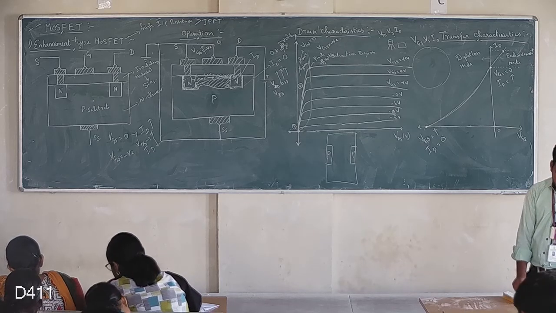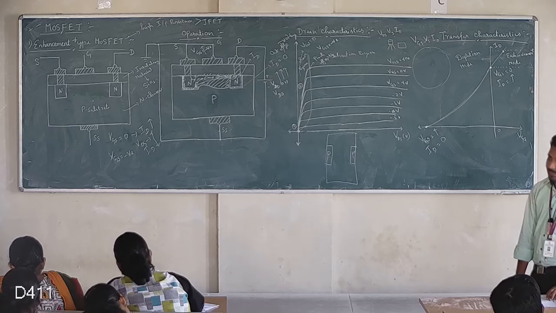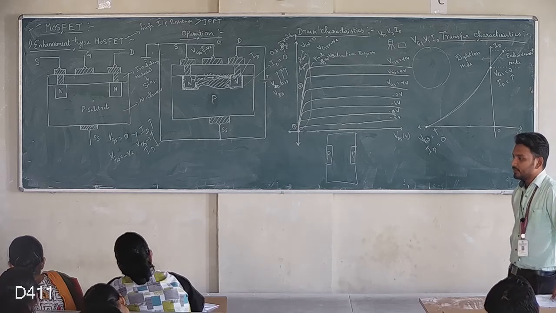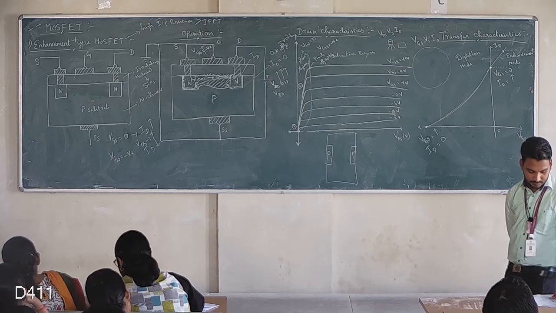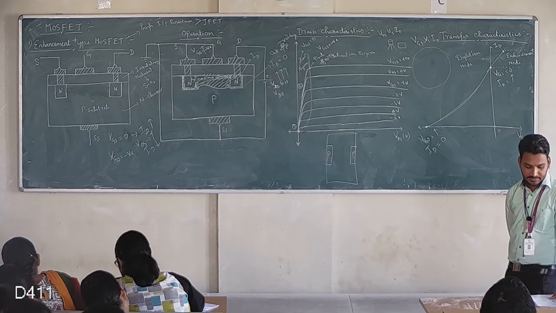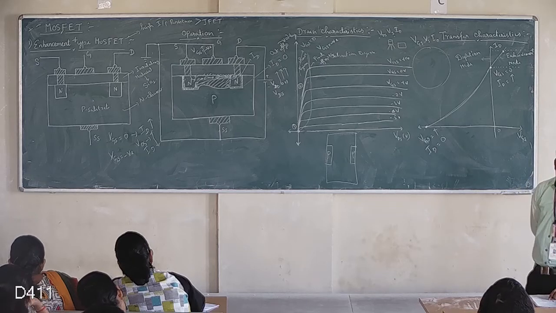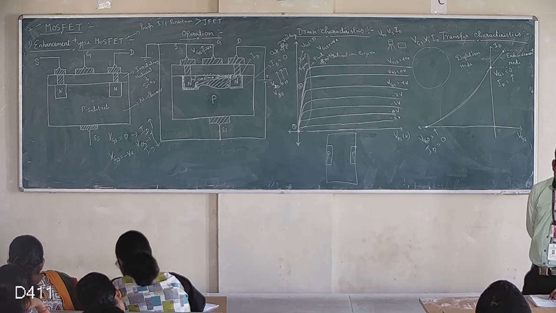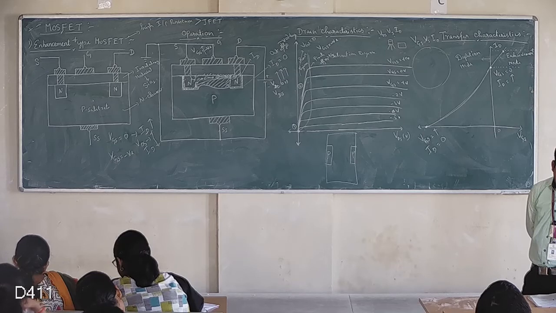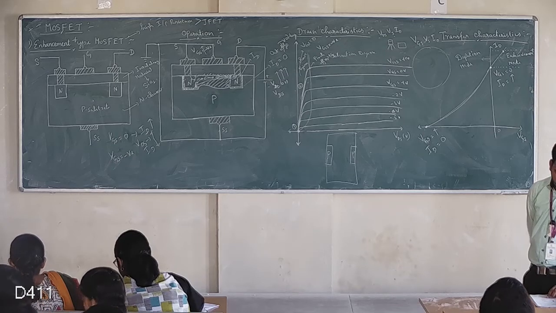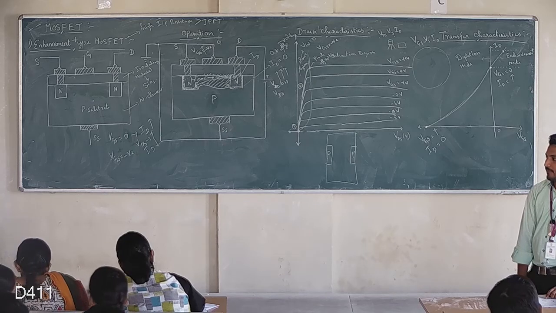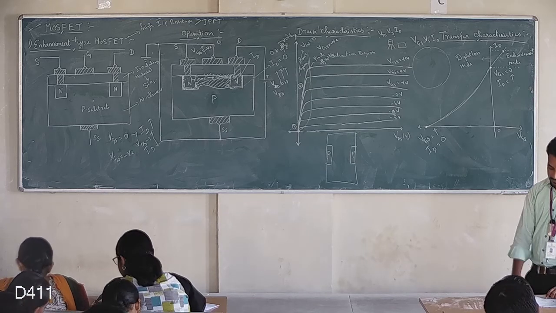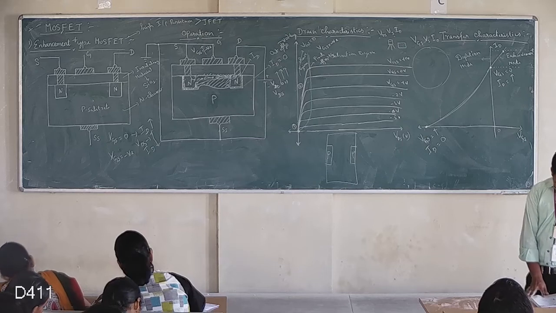When VGS is made sufficiently negative, ID is reduced to 0. This is called cutoff voltage.